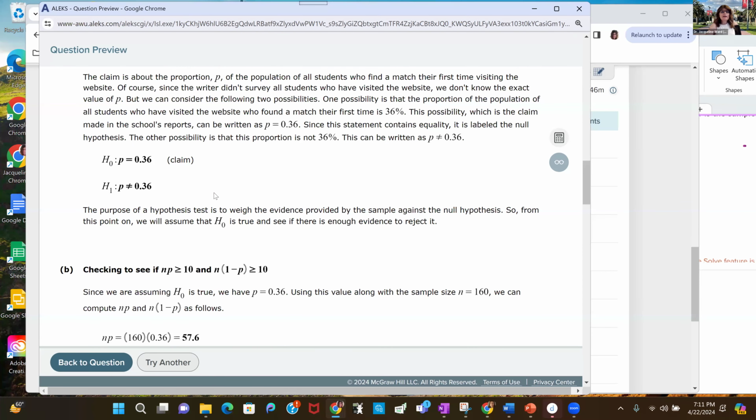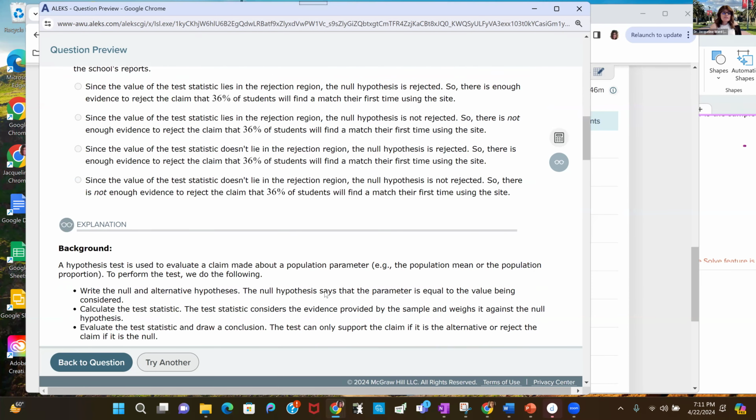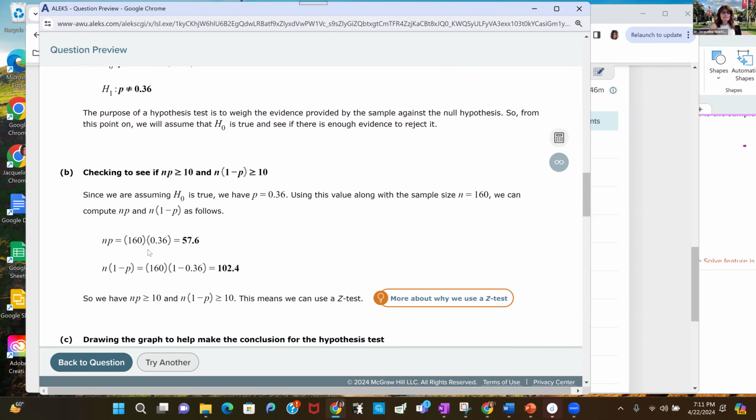Okay, so the sample had 160 students. So you have 36% of 160, and then you have 64% of 160. I mean, this is over a third. Clearly, it's going to be bigger than 10. And then 64%, that's over half, so clearly it's over 10. Again, we want to make sure these numbers are both big enough.